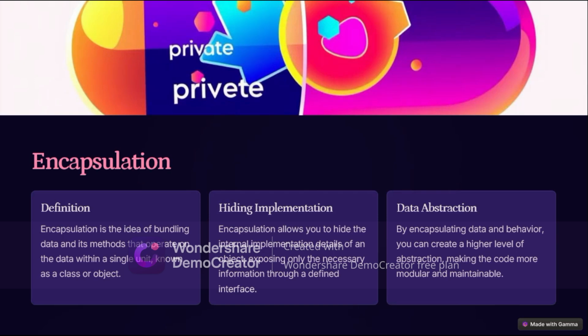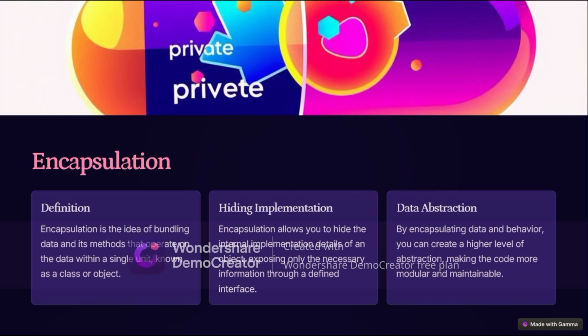Here is encapsulation in more detail. Encapsulation is the idea of bundling data and the methods that operate on the data into a single unit known as a class or object. As for how it works, we have hiding implementation. Encapsulation allows you to hide the internal implementation details of an object, exposing only the necessary information through a defined interface.